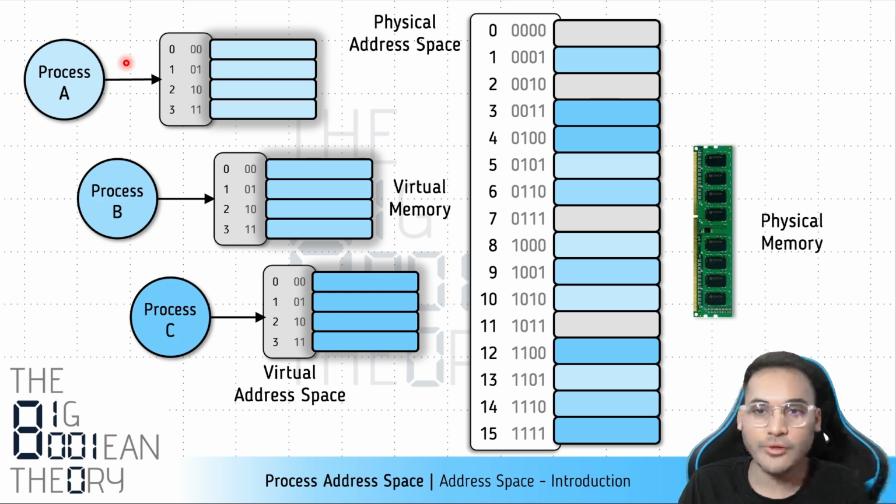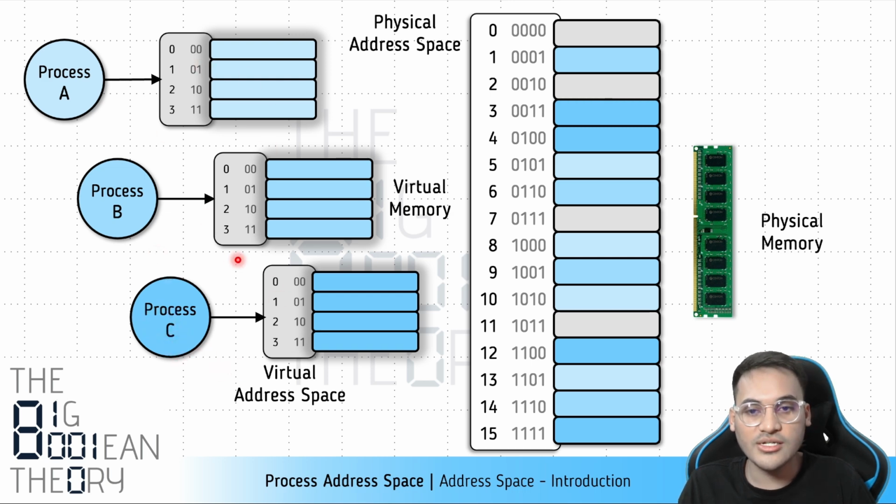Let me repeat that for you. A virtual address space gives a limited view of the physical memory to each of the processes. And how does this view look? Basically, this view consists of the data that belongs to that process only. As you can see, process A can view or access only its own data. Same is true for all of the processes, right?